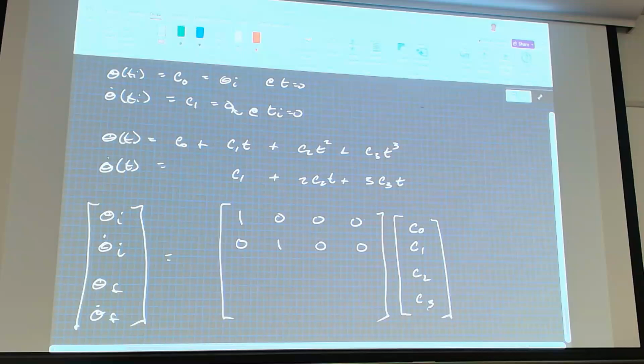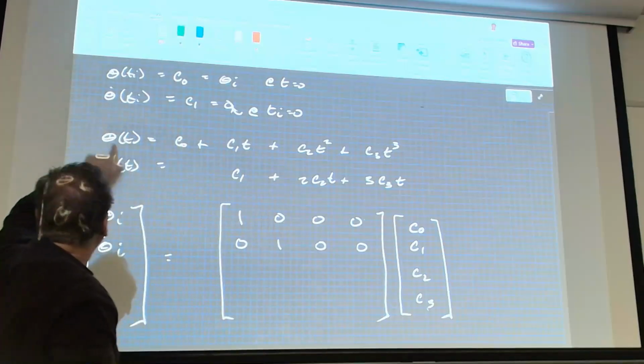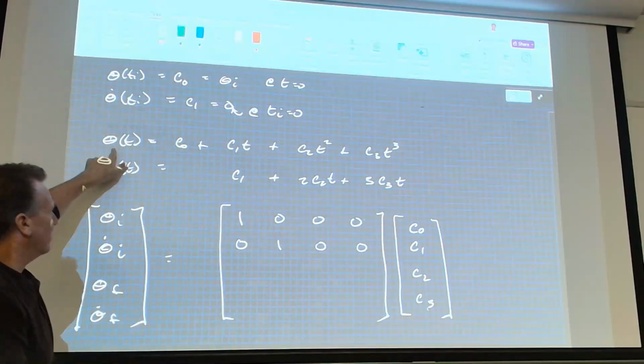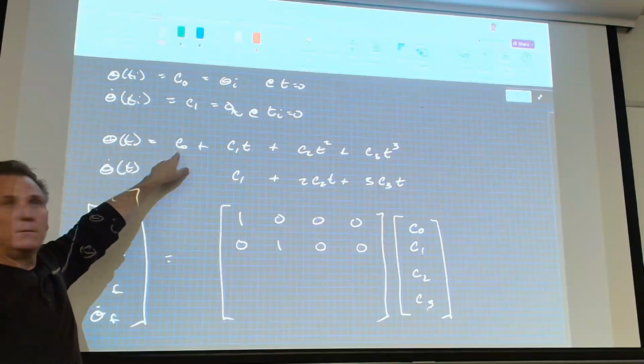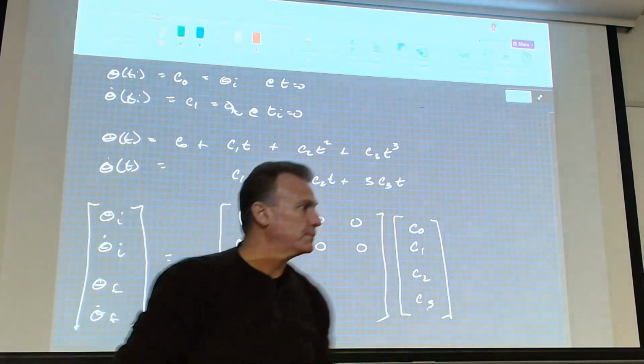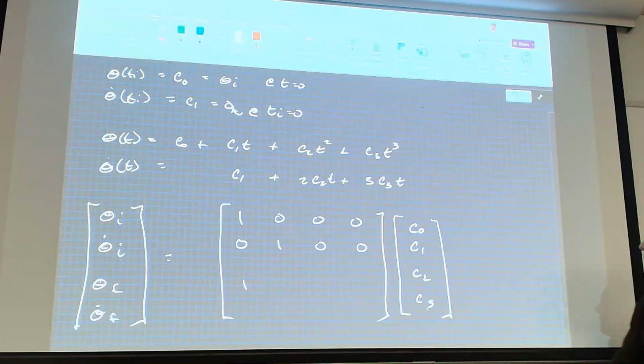Okay. How about theta F? When we're solving for theta final, right here, do I have a C0? I do. I have how many? I have 1, right? How many C1s do I have?